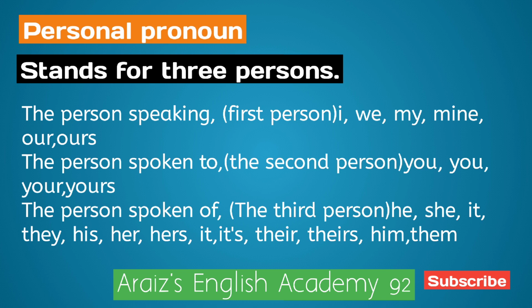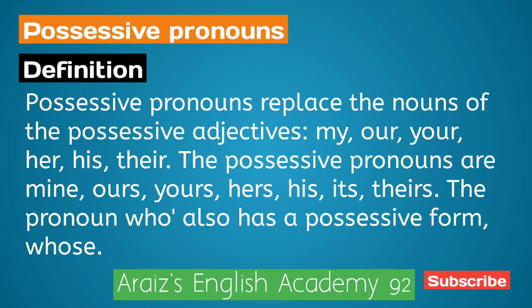The person spoken to, the second person, and we use the pronouns you, your, yours. And the person spoken of, the third person, we use he, she, it, they, his, her, hers, its, their, theirs, him, and them.